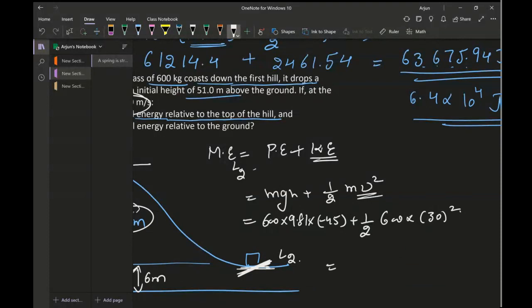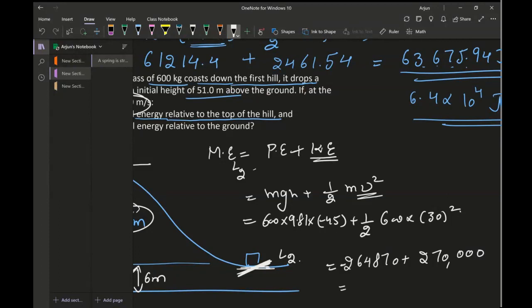Now I will find the numbers. 45 times 9.81 times 600 is 264870, which is negative, plus 30 squared is 900 times 600 divided by 2, which is 270,000.